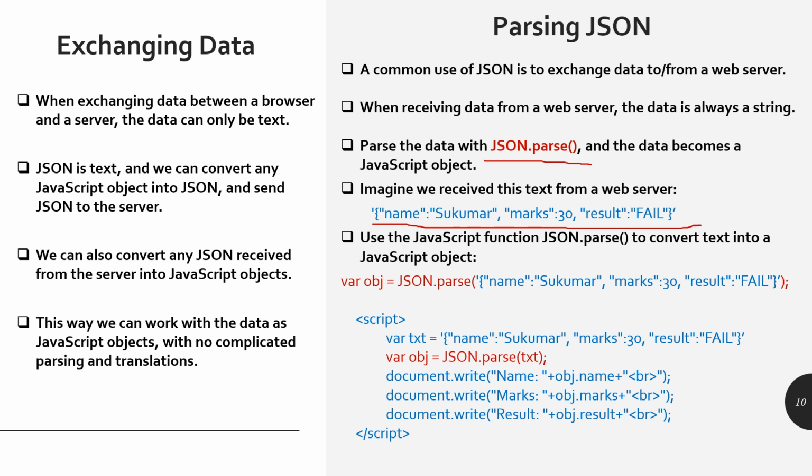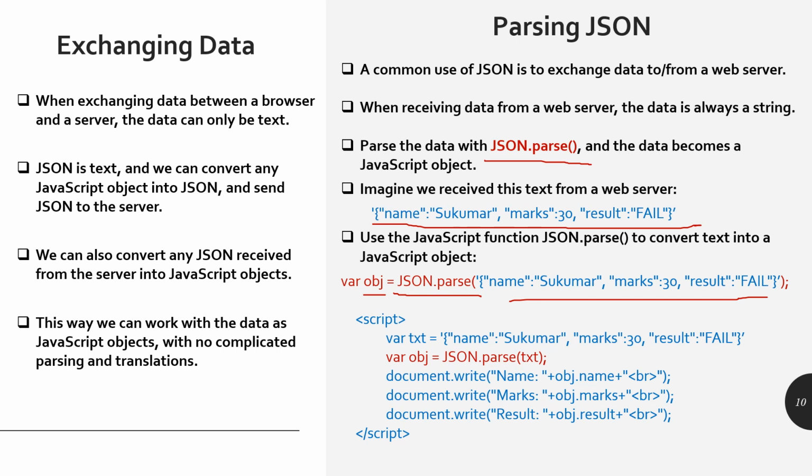So what we can do is we can use JSON.parse function. Then within that you need to put the entire string, and here what we get is the JavaScript object. This is the variable for storing the JavaScript object.